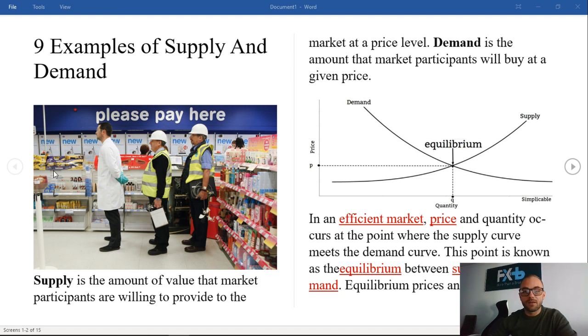So looking at supply per se. Supply, as we clearly see on the slideshow here as well, is the amount of value that the market participants are willing to provide to the market at a price level. On the other hand, demand is the amount that the market participants will buy at a certain given price. So if we go back to the definition of supply and demand, we know that the supply is the value that the producers, people that supply a certain asset.